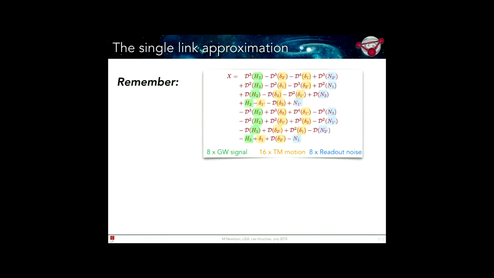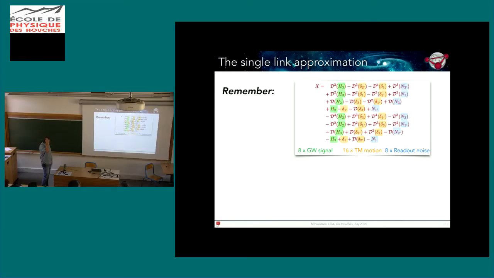So remember, we looked at this single link, we looked at this TDI output yesterday, and we saw that in constructing such a term, we had effectively sampled the gravitational wave signal 8 times, albeit with different delays. But if you go to low frequency, where the delay is all the same, this delay doesn't do anything. Then I've got 8 times the signal. I've sampled the test masses 16 times. And I've sampled the readout noise, my interferometric noise, 8 times.